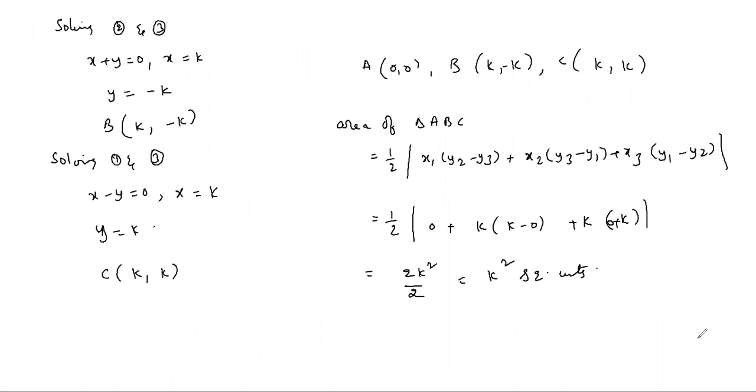For example, see this. Suppose x plus y minus 5 equals 0 and 2x plus 2y plus 9 equals 0. These are the two lines. If you follow the same process, you get: 1, minus 5, 1, 1, 2, 9, 2, 2.